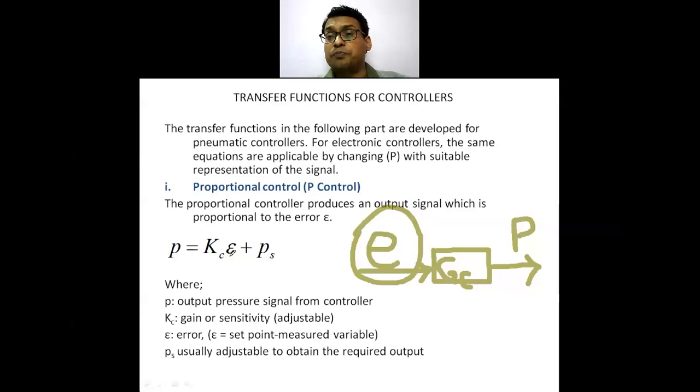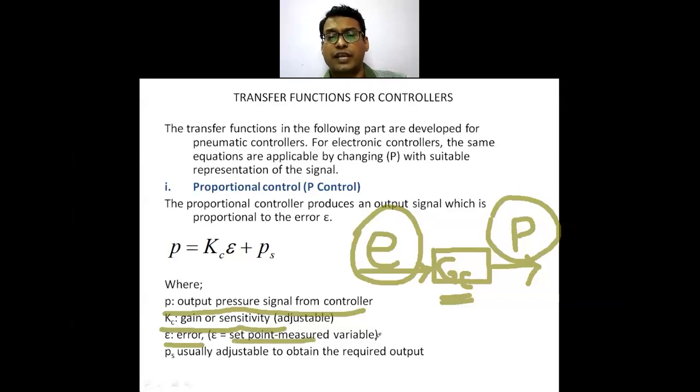So this pressure is your output, the generated output from your controller. So P, the output pressure signal from the controller, Kc, the gain or the sensitivity, epsilon, the error, or E, which is nothing but the set point minus the measured variable, and Ps is usually adjustable to obtain the required output.